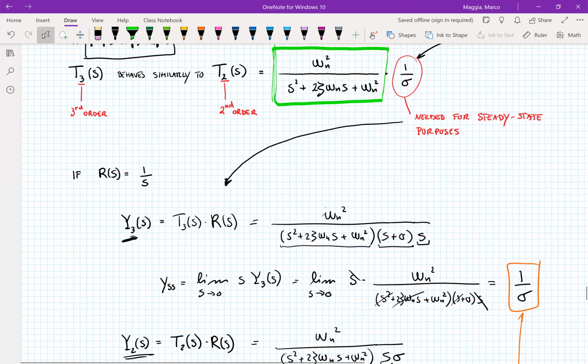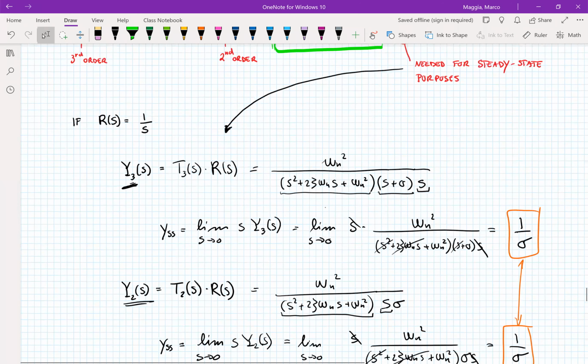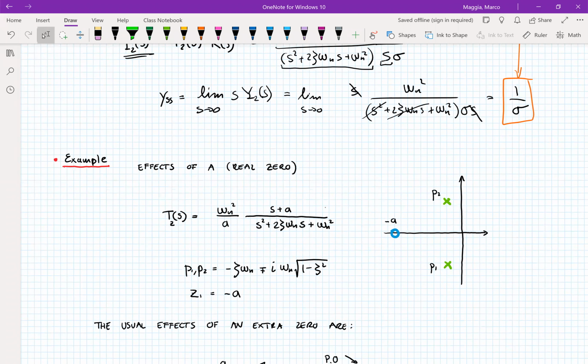All right, so that is the effect of a third pole, a third real pole. Usually we never talk about zeros. Well, what if we had a real zero? Well, in this case, I'm just going to go a little bit faster here. You see that we've added a real zero at minus a. And remember that the zeros are indicated with circles, and poles are always indicated using crosses.